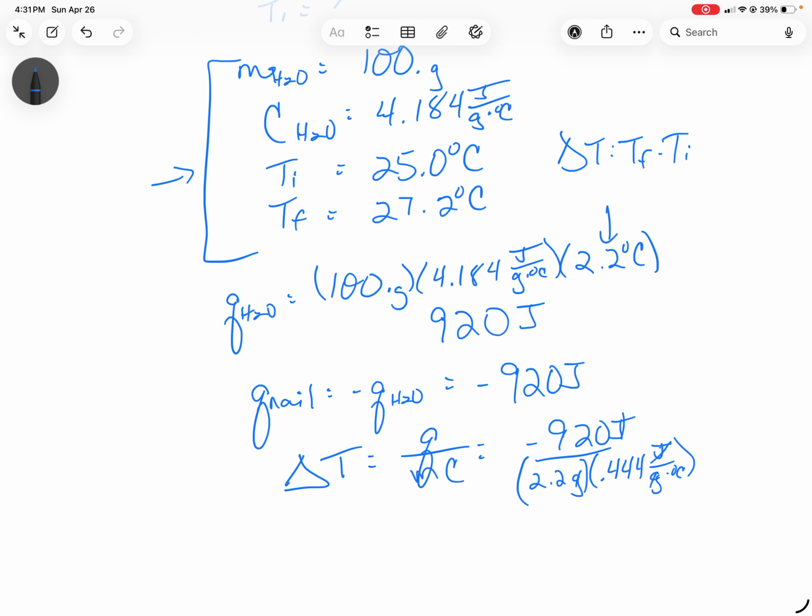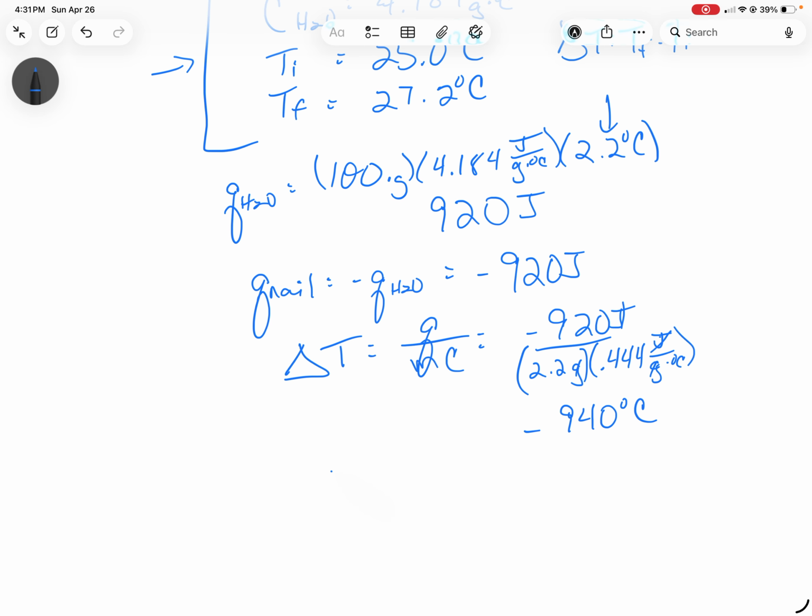So I've got negative 920 divided by 2.2 divided by 0.444. And I get 942, so negative 940 degrees C.